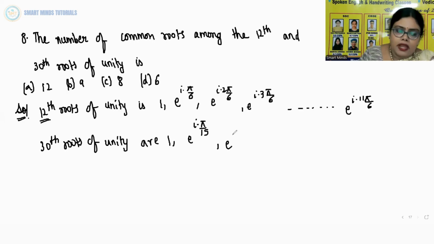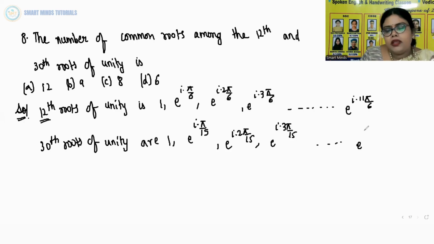And e power i into 2 pi by 15, then e power i into 3 pi by 15, like that it continues until e power i into 29 pi by 15. So altogether you will get 30 terms here, and in the first one altogether you get 12 terms.